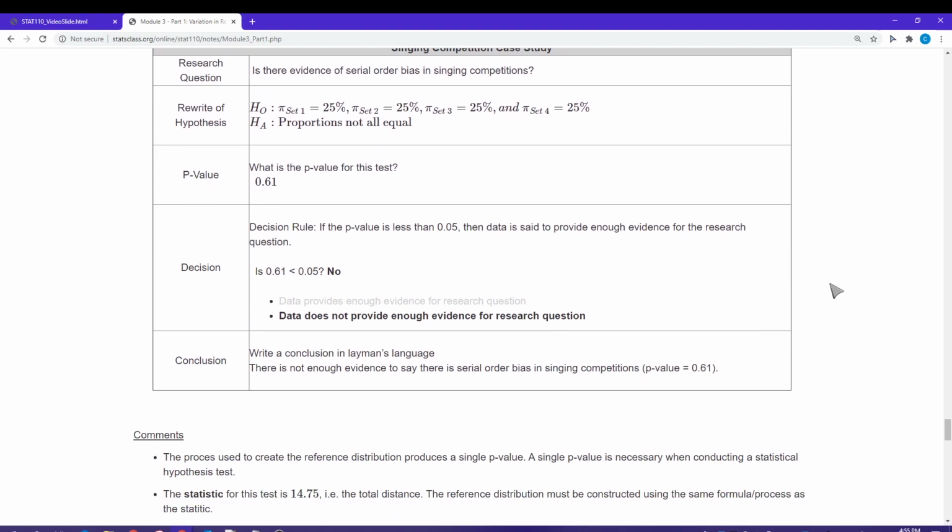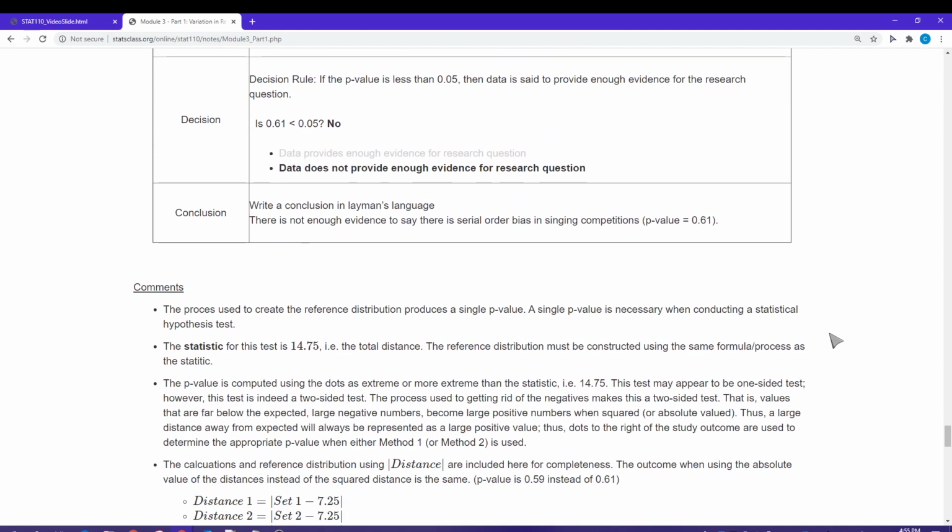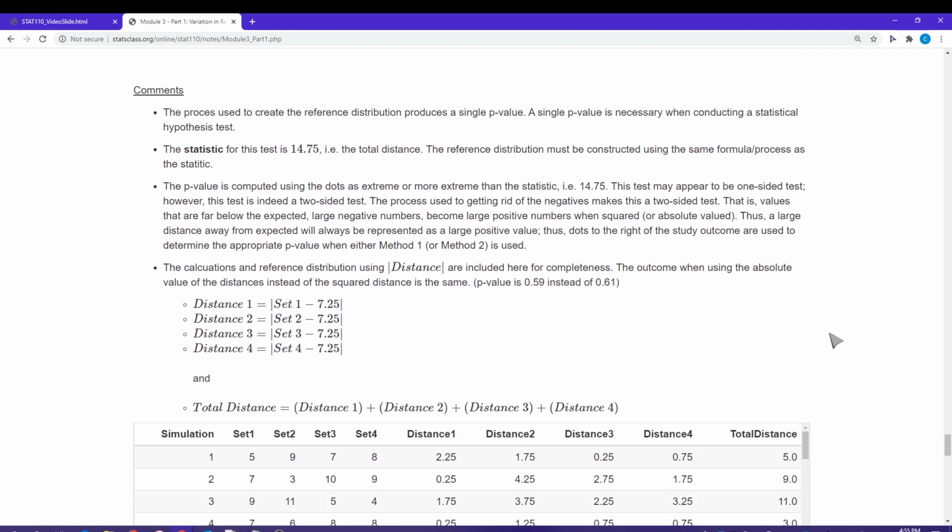So I don't have to worry about the explosion of those error rates when I use a single p-value to evaluate a single research question. You can do the same thing with the absolute value quantities if you want. So that's part of the comments here. That quantity, the 14.75, is called my test statistic, or my statistic for the test.